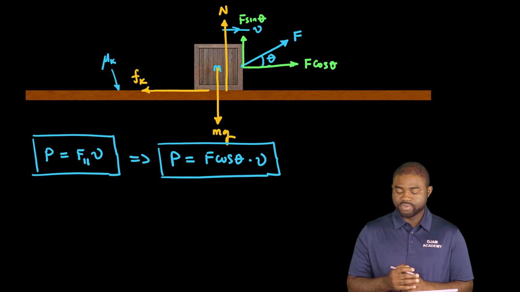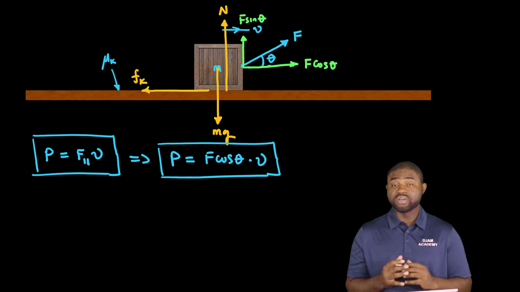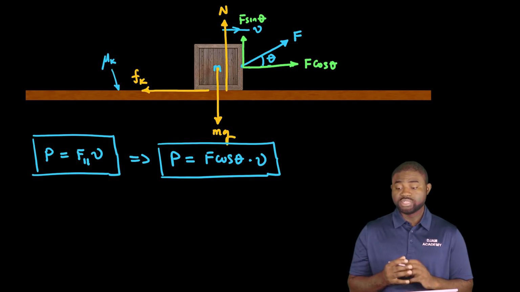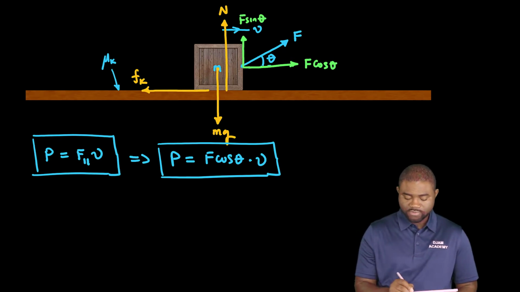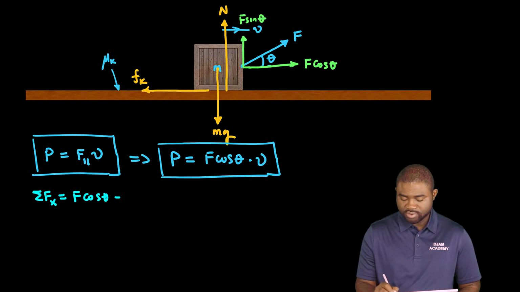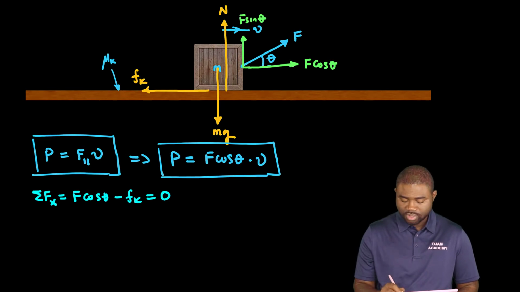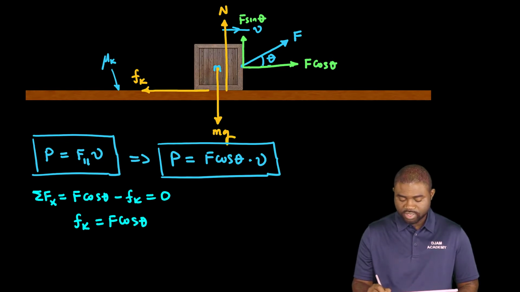In order for us to calculate F, we need to utilize the fact that the system is in equilibrium. That means that the sum of forces along the x direction is F cosine theta minus f_k, and this is equal to 0. In other words, f_k is equal to F cosine theta.